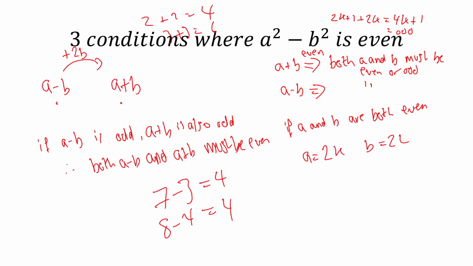If we write a over b as 2k over 2l, well, we can reduce that further to create k and l. And now we're just back at square one. So this is a contradiction of our original condition. So we can now say that a and b must both be odd.